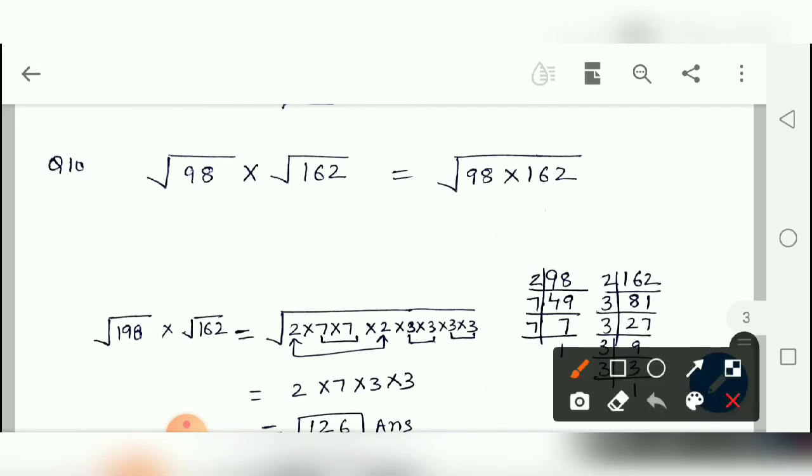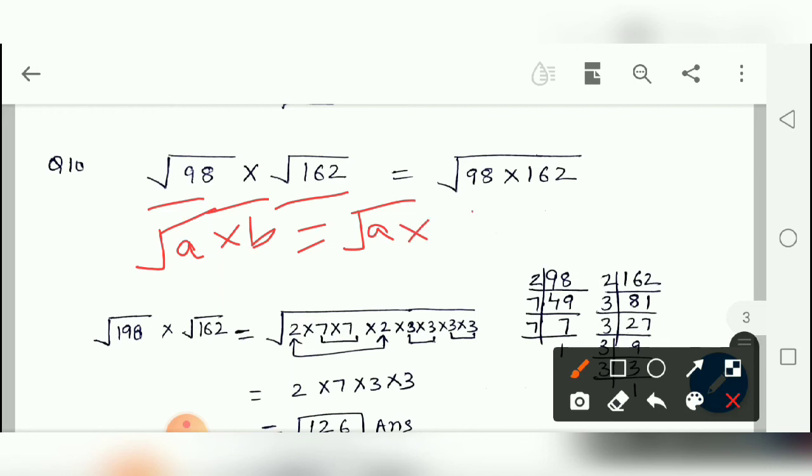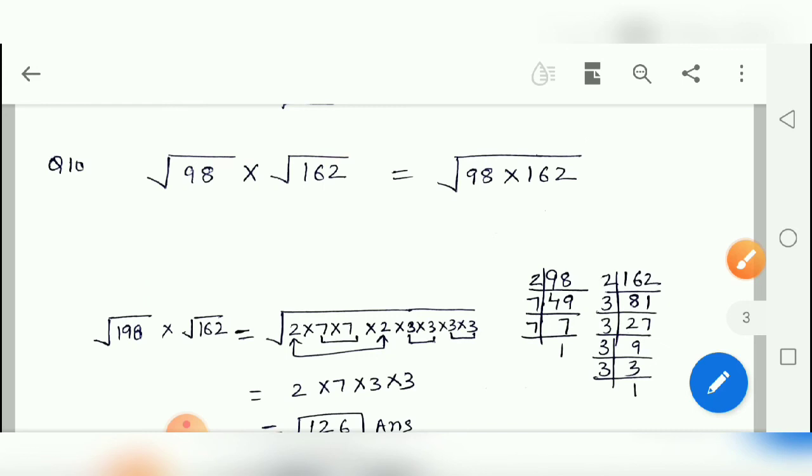The next question is under root 98 into under root 162. In this we will be using the property that under root a into under root b is equal to the whole under root a into b.